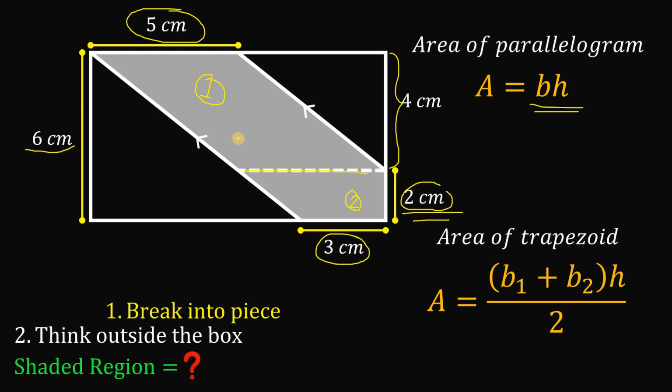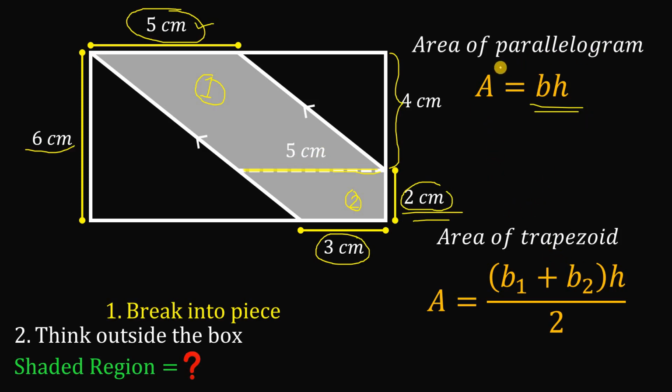Notice the other shape is a parallelogram. Therefore, this side over here must also be equal to its opposite side, because opposite sides are equal in a parallelogram. So this segment must be equal to 5 centimeters also, and this serves as the second base of our trapezoid.